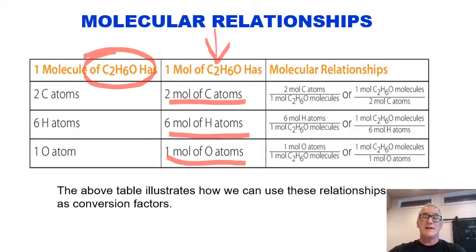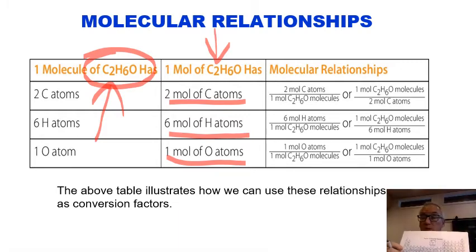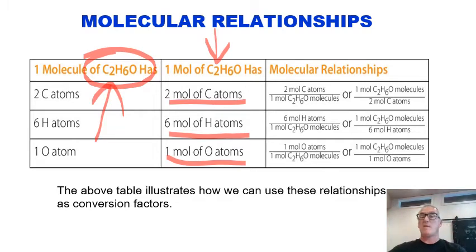And that's how I determine the molar mass of this particular molecule, because I can use my good old-fashioned periodic table, which everyone has printed out in front of them at all times. I know how much a mole of carbon weighs. I know what the mass of hydrogen is. I know what the mass of oxygen is, because it's right there in the periodic table.